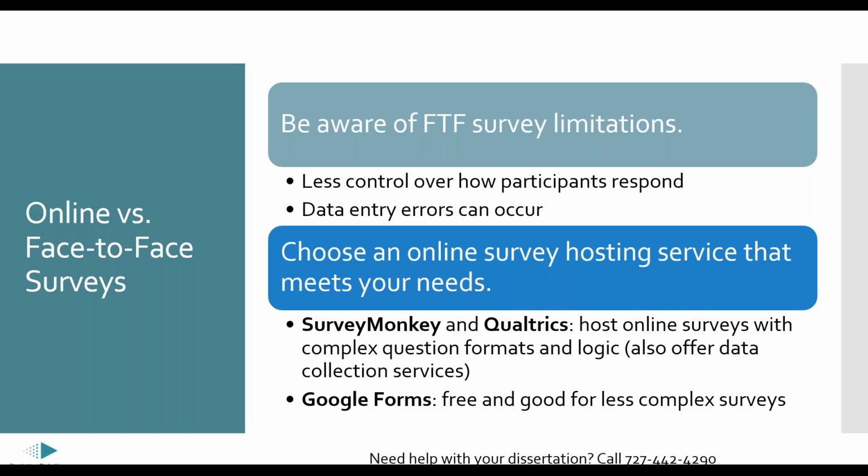Also, if you have any sections of your survey that require participants to enter a free response, like writing in a number for something, like their age, for instance, you could run into issues where the answer the participant wrote down is illegible, like you can't read their handwriting or you can't tell what answer they put down. So with face-to-face surveys, sometimes you have that ambiguity in the participants' responses.